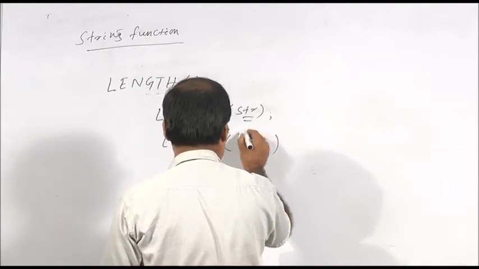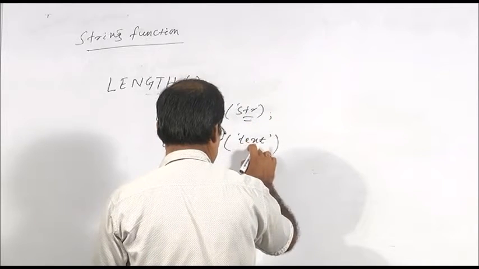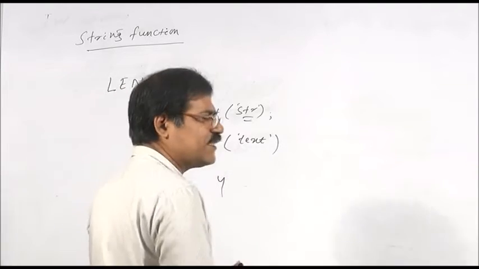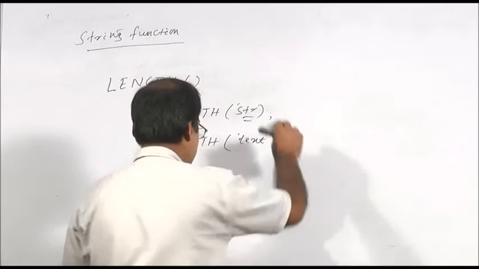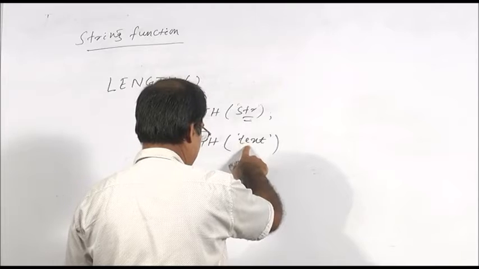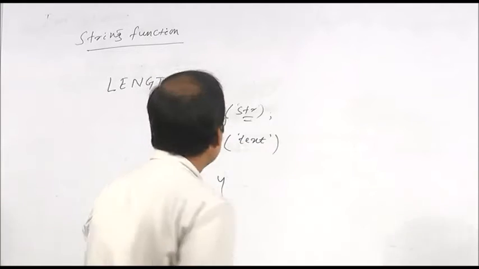The length is 1, 2, 3, 4. So your output will be 4, because the length of the string is 4. That is, 4 characters are present here: T, E, X, T, 1, 2, 3, 4. So your output will be 4.